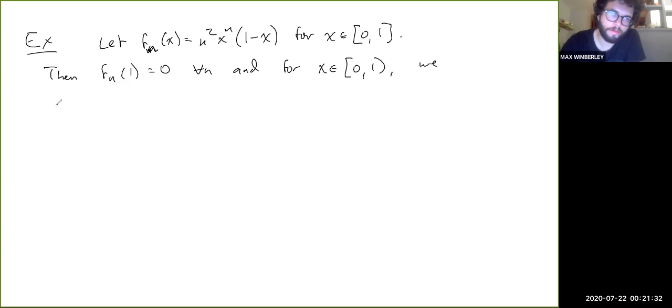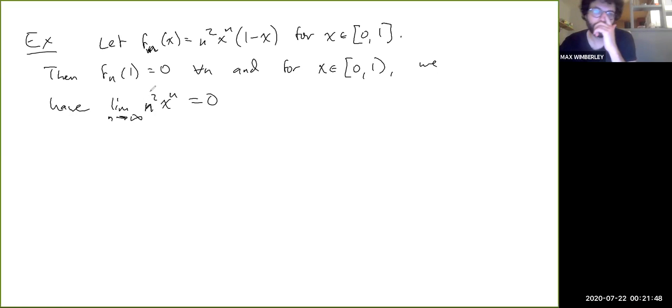we have the limit of n squared x to the n equals 0 as n approaches infinity. This is hopefully becoming familiar now: exponential functions decay faster than any polynomial function can grow. One way of seeing this would be to take the nth root of this, and you'll get something that approaches x, and since x is less than 1, you can compare this to an exponential sequence.